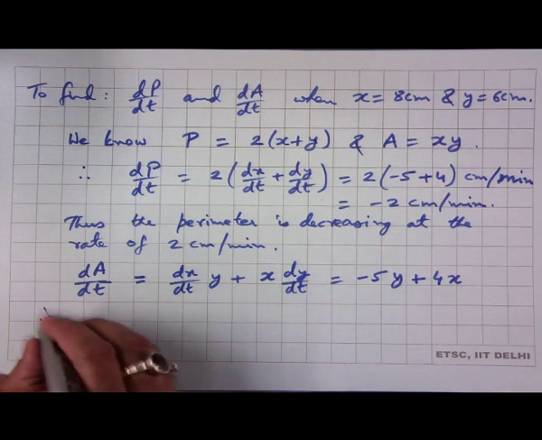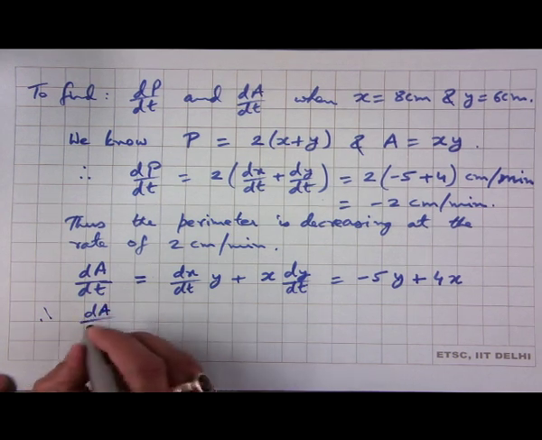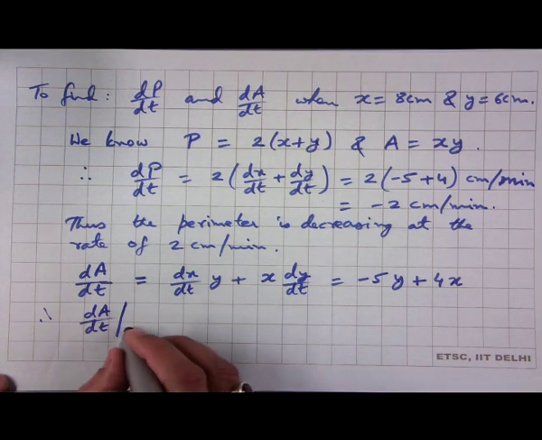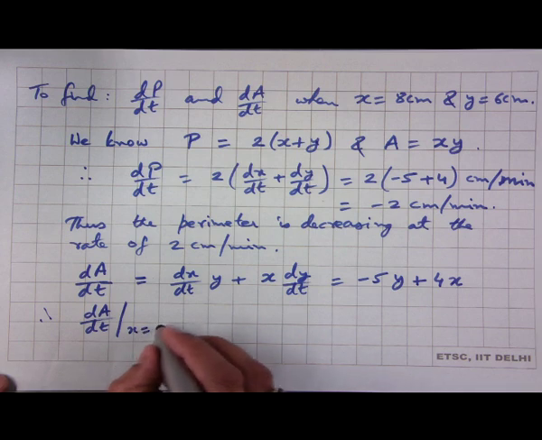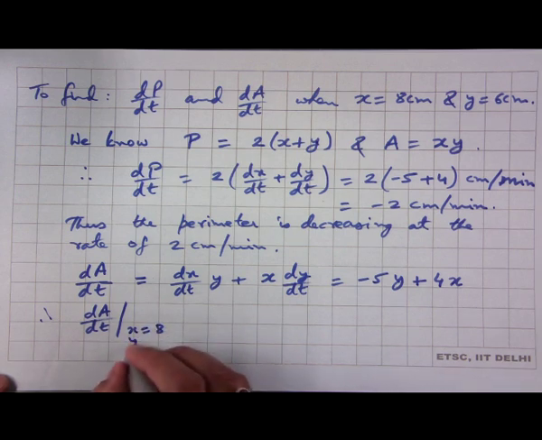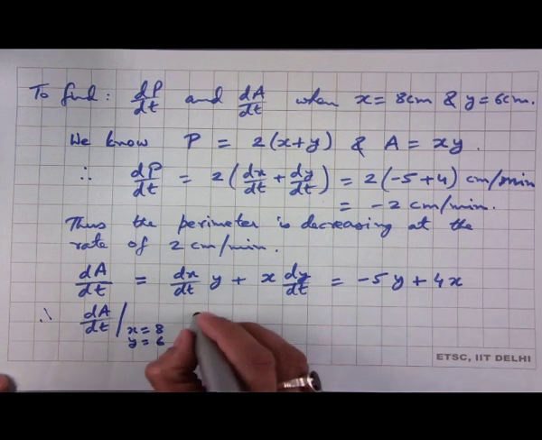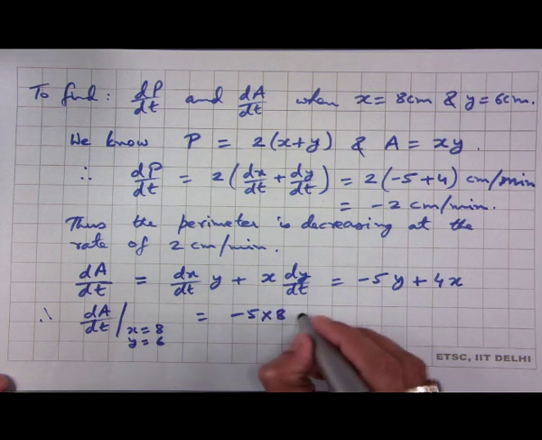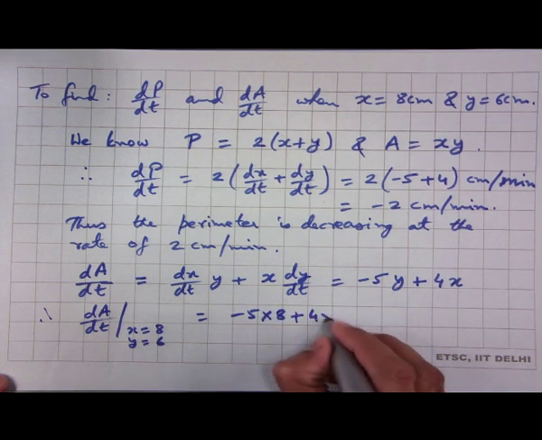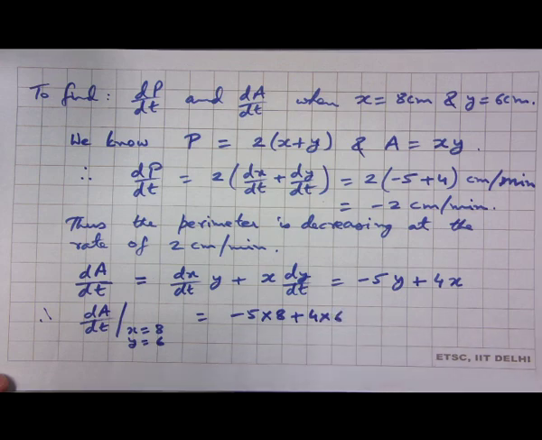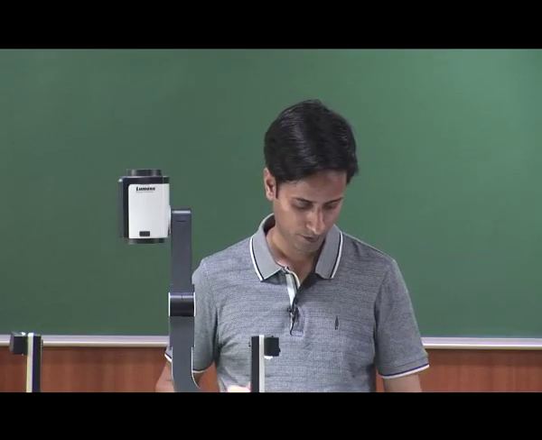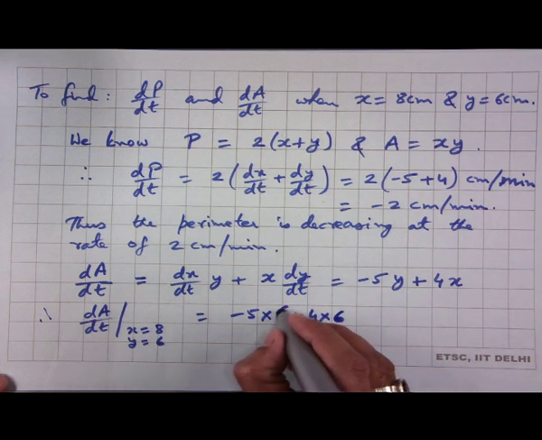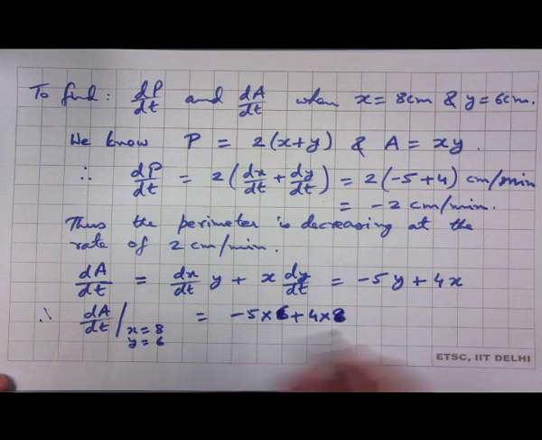So, therefore, the rate at which area is changing when x is equal to 8 and y is equal to 6, this gives, sorry, minus 5 times 6 plus 4 times 8.